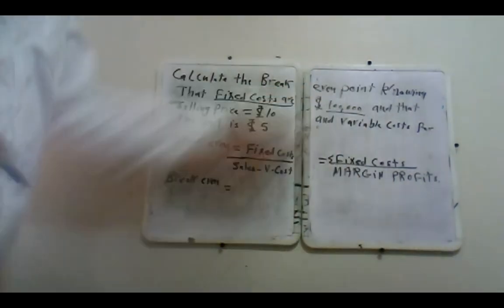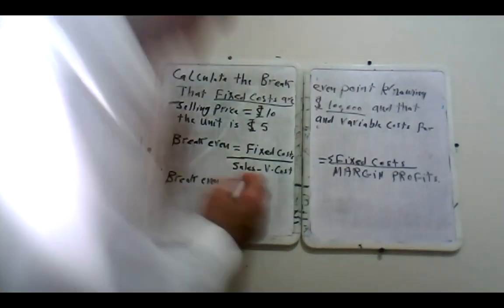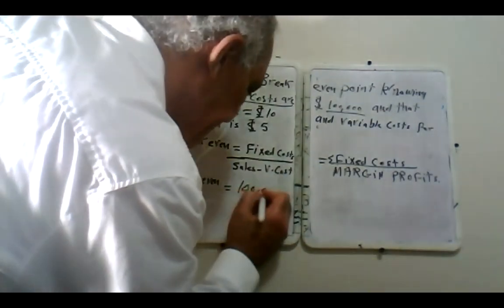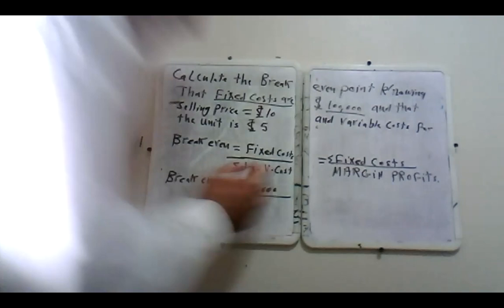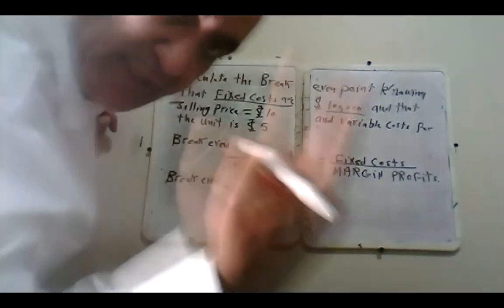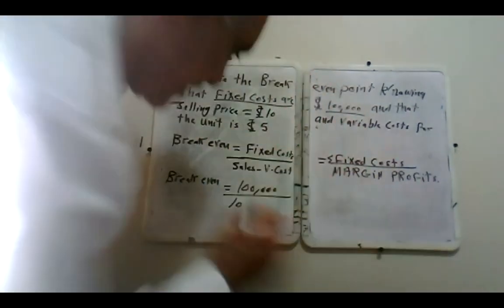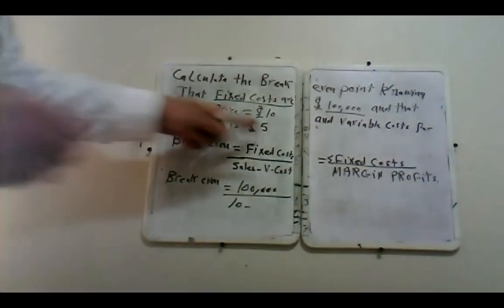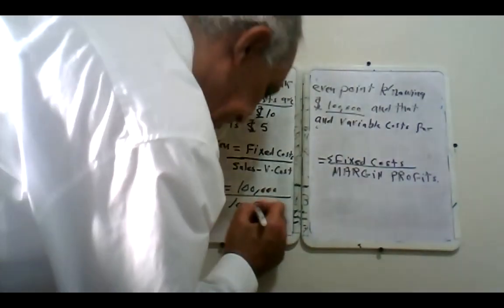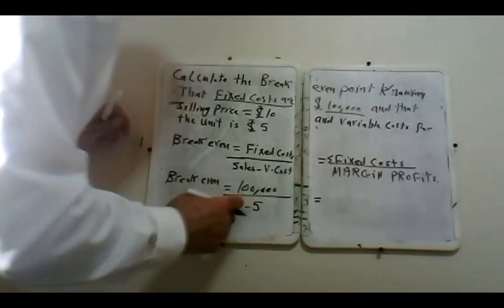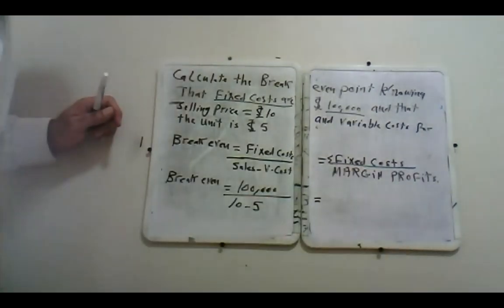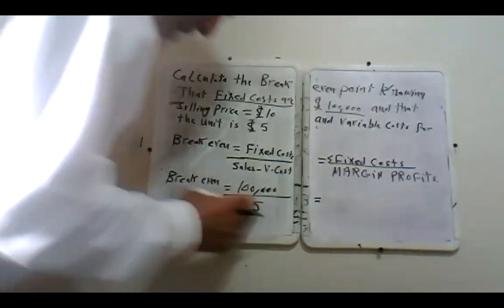So the fixed cost will be 100,000 divided by the selling price of $10 per unit minus the variable costs of $5. The profit margin will be 10 minus 5, which is $5. The selling price minus the variable costs.